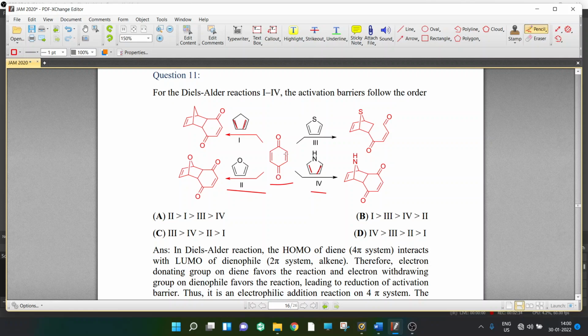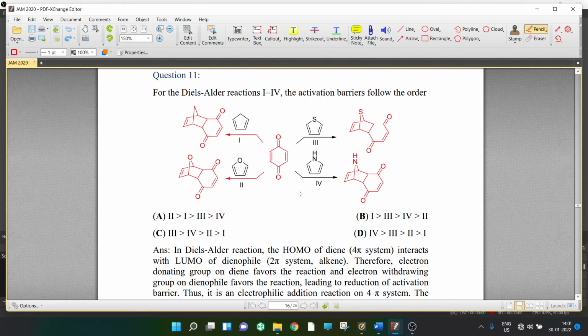Dienophile means a simple alkene, and phile means loving, because it interacts with a diene. One of the double bonds will react with the two double bonds on these systems, and we have to compare. So nothing can be done about the dienophile. Whatever judgment has to be made is based on the diene.